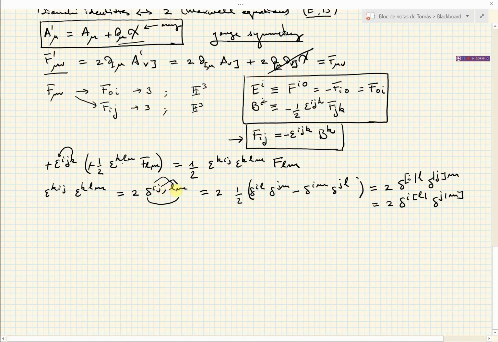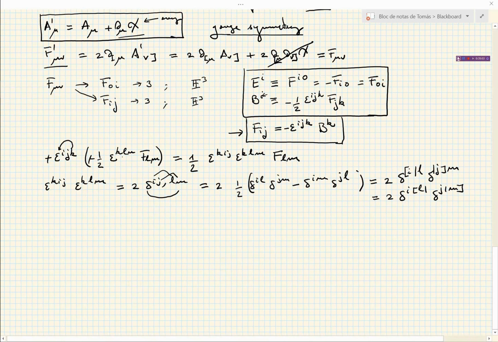When ij is equal to ml, the interchange, you get a -1. And if they are different, you get 0. So it is almost like the Kronecker delta, but for pairs of antisymmetric indices instead of simple indices. There are generalizations of this that we will have to see.